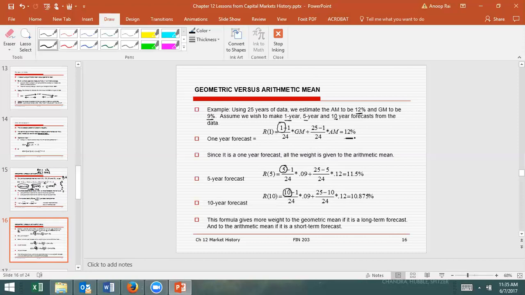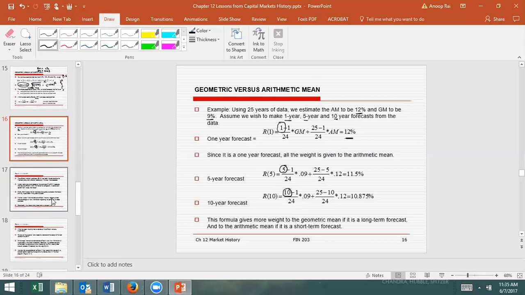So everything is based on the arithmetic mean. But as you go more into the future, this becomes less, this becomes more, and therefore it gives more weight to the geometric mean. So that's all it is. Nothing fancy.